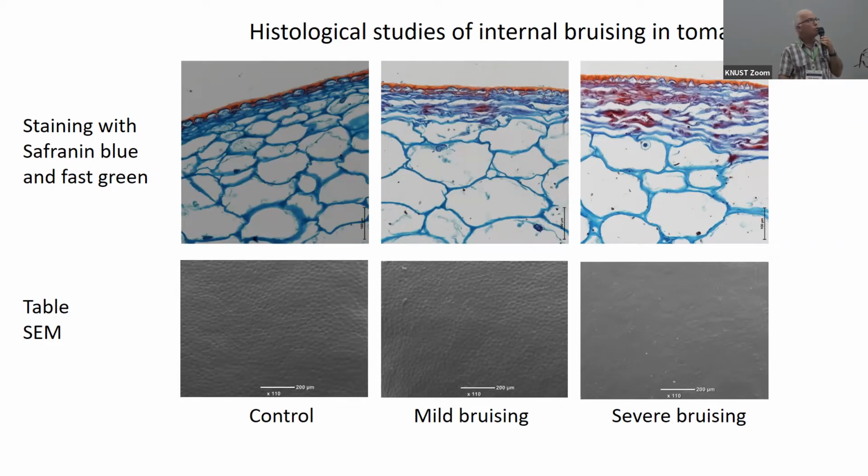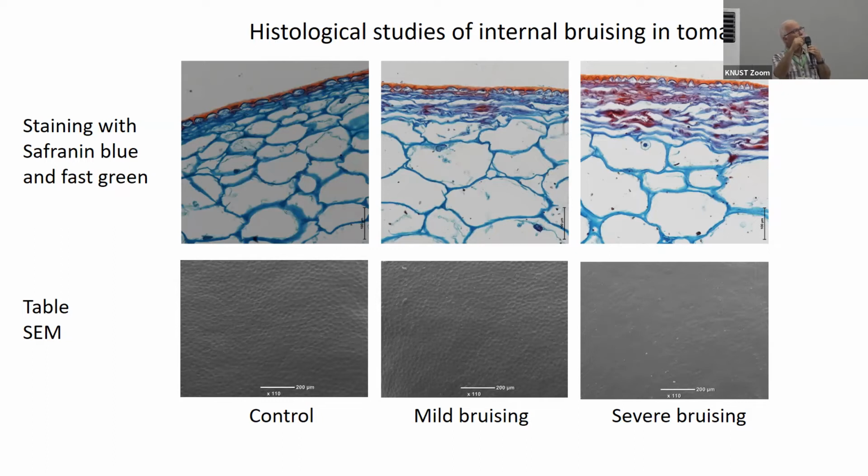The pointer. So what you can see, the red is the cuticular layer on the tomato. Underneath there is the skin. And on the left side, you see a control that is undamaged cells. When you do mild bruising, you start to see the skin is intact, but under the skin, there are cells that accumulate this red coloring, pigmentation, which is due to the safranin and fast green staining.